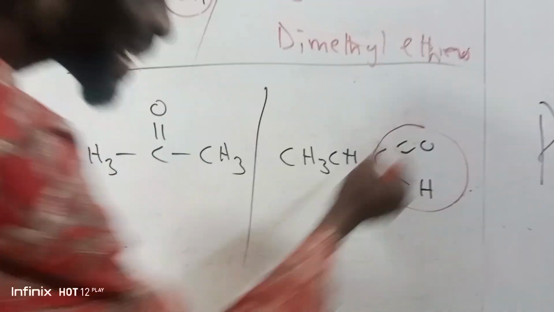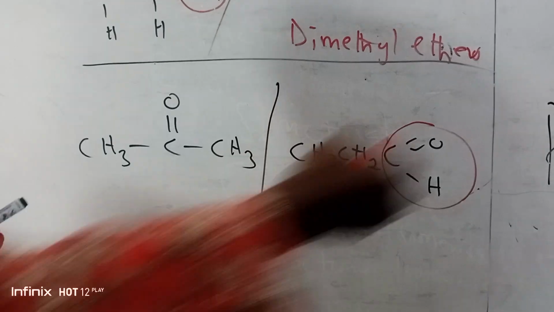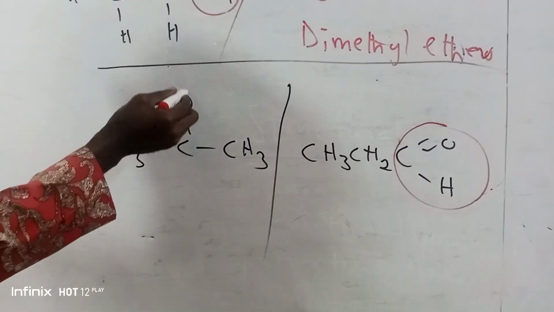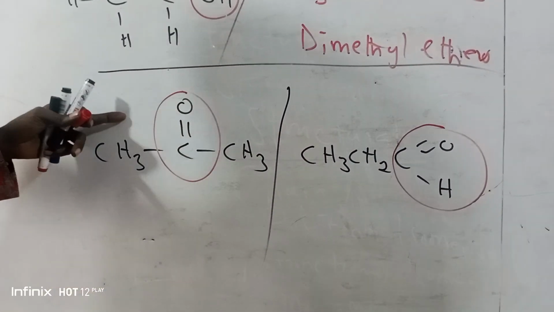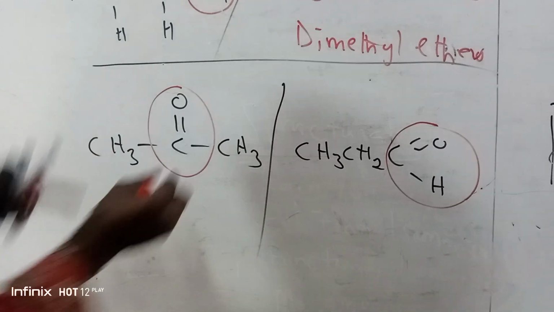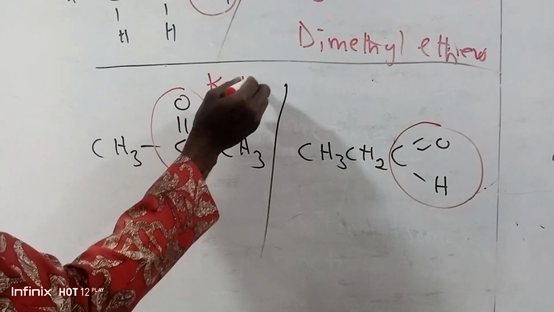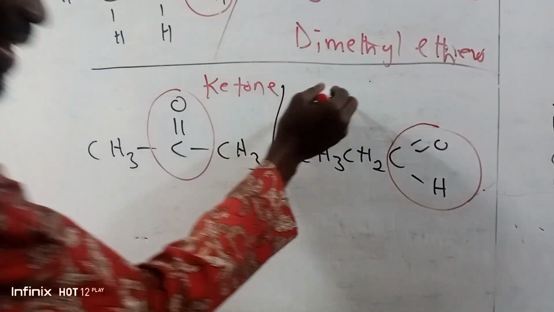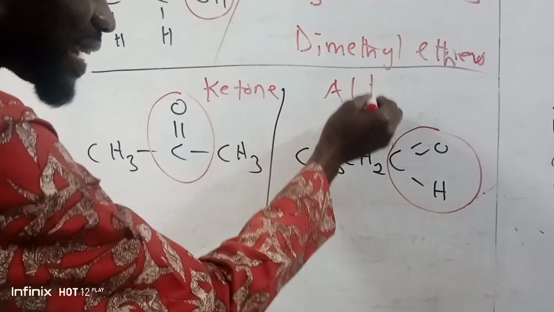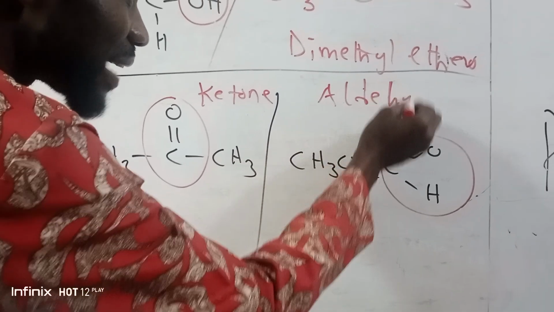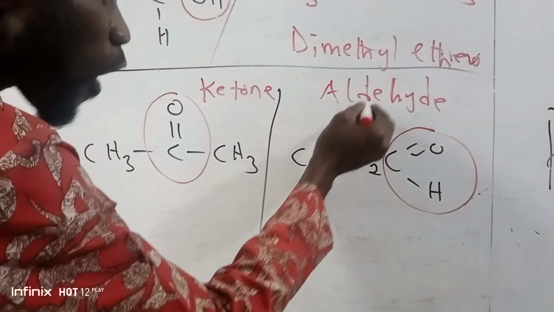This has the functional group of the alkanals or the aldehydes. Here we have the functional group of the alkanones or the ketones. So this is a ketone or an alkanone, and here we have an aldehyde, or alkanal.